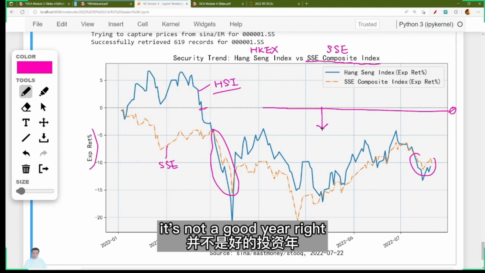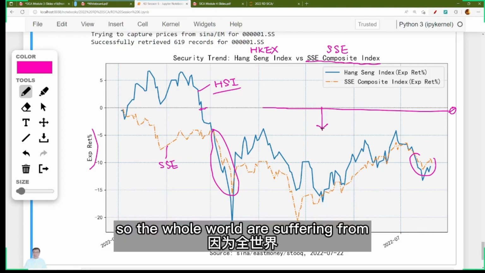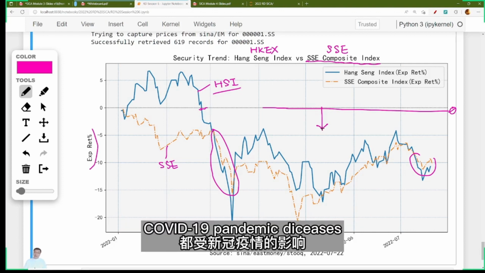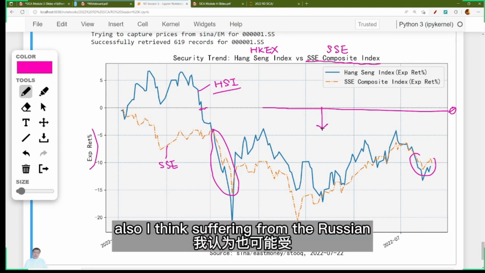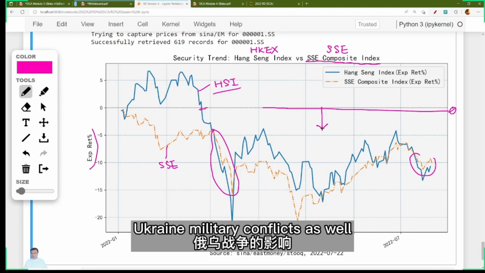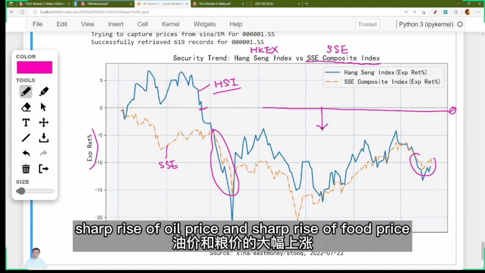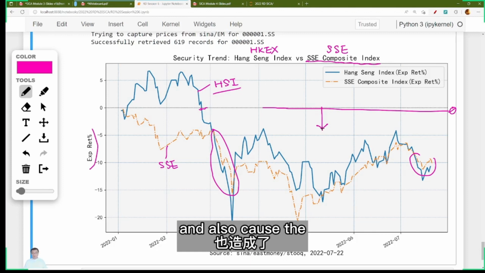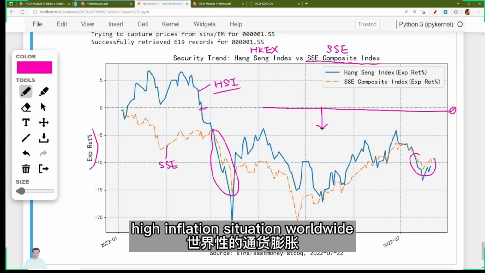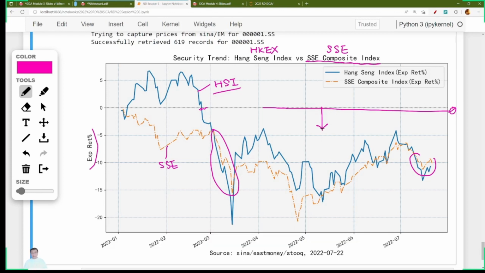It's not a good year, right? The whole world is suffering from COVID-19 pandemic. Also, I think suffering from the Russian-Ukraine military conflicts as well. And these conflicts caused the sharp rise of oil price, the sharp rise of food price, and also caused the high inflation situation worldwide. Right?